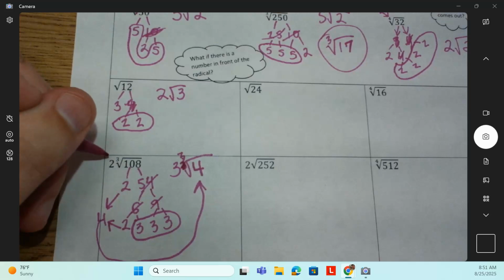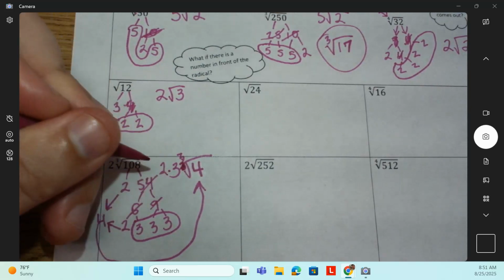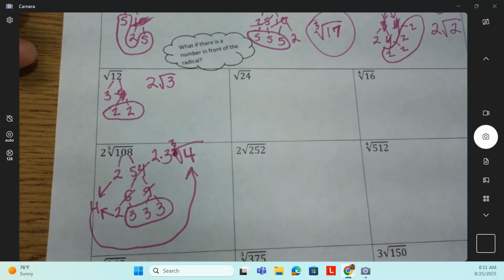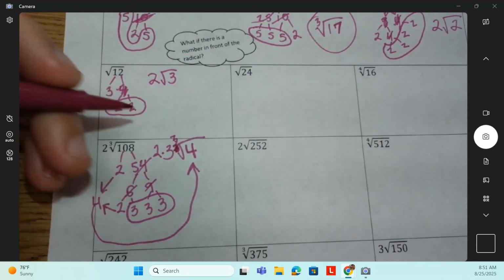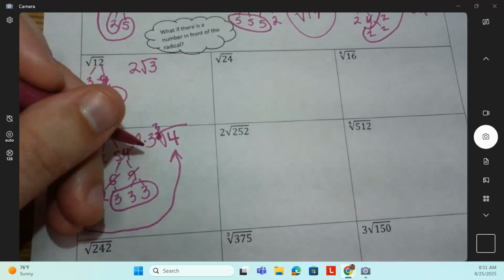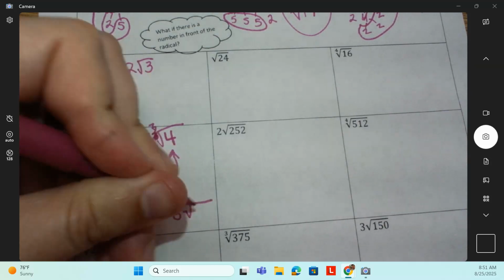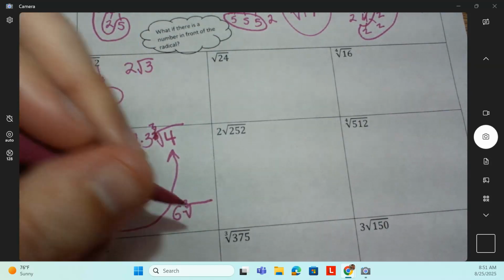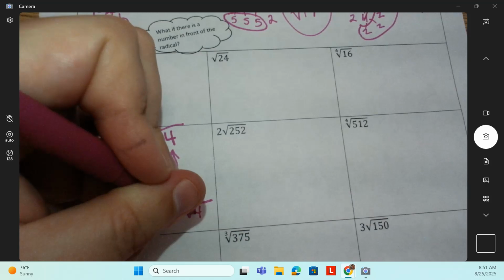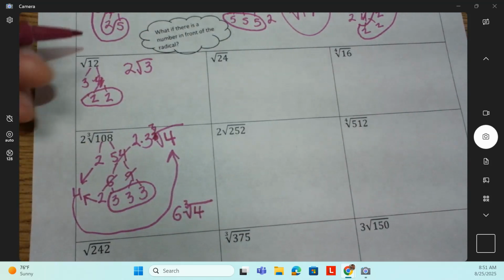And the last thing that I forgot: there's a 2 on the outside there. So I have to multiply that 2 by that 3, which means I'm going to end up with a 6, and we'll write it a little nicer, 6 third root of 4. That will be completely simplified.